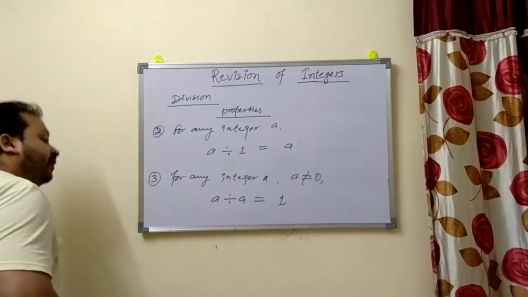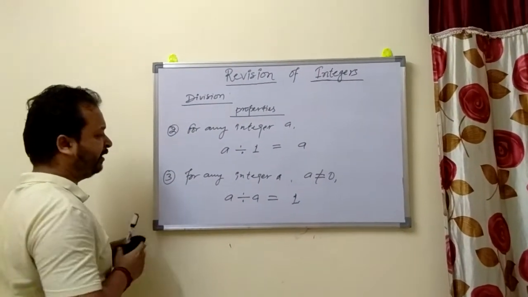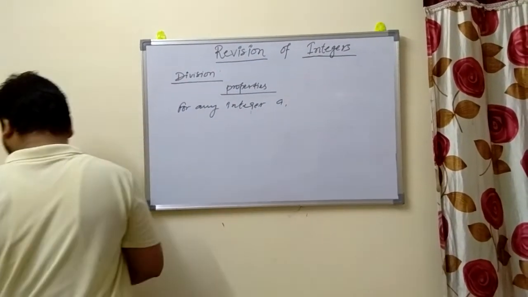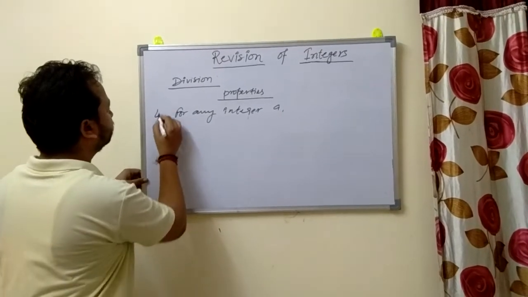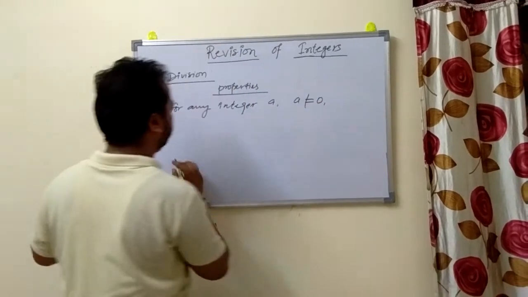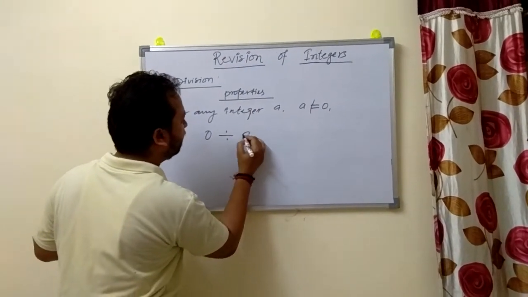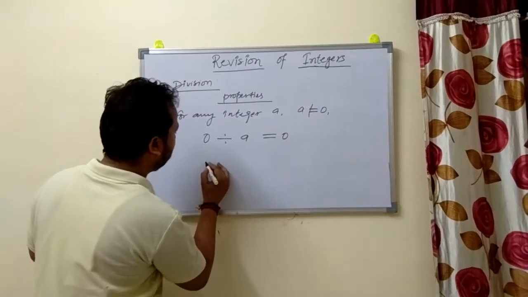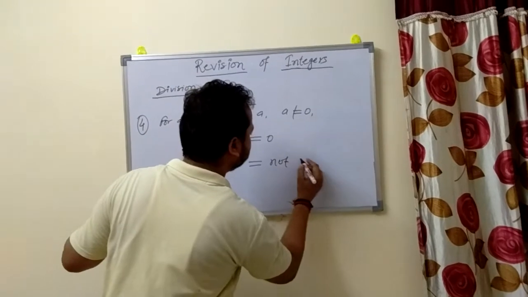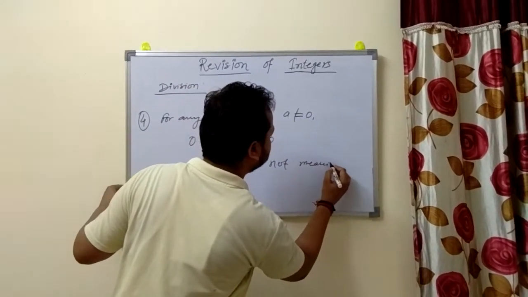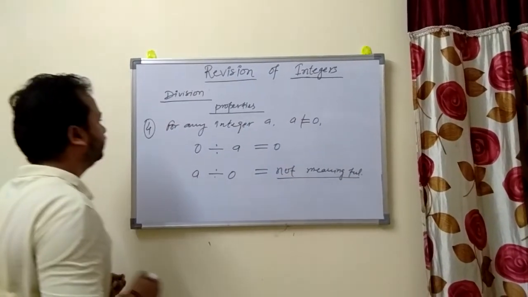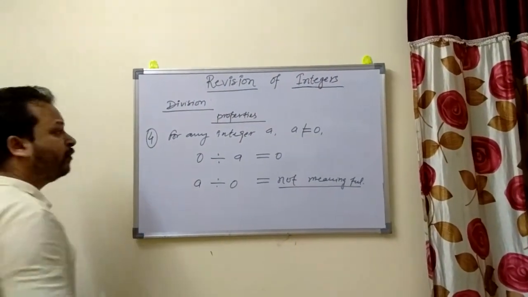Right? Come to fourth property. For any integer a and a is not equal to 0, 0 divided by a equals 0 and a divided by 0 is not meaningful or not defined. Right? This is the fourth property.